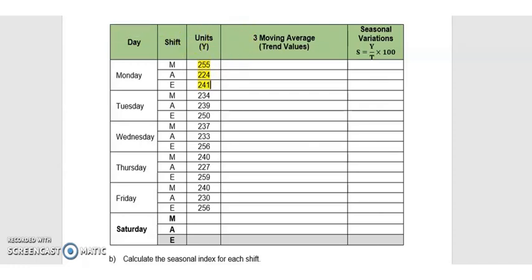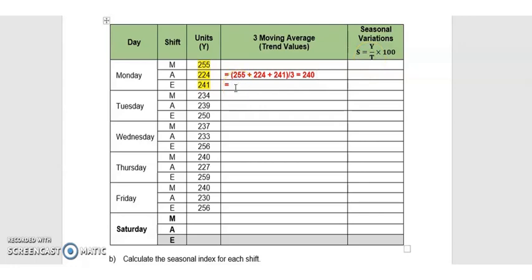Calculate like this: 255 plus 224 plus 241, divided by 3. You will get 240. So based on these three shifts on Monday, the average units produced is 240 units.